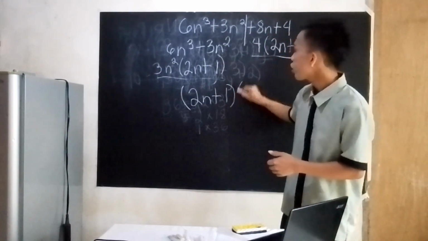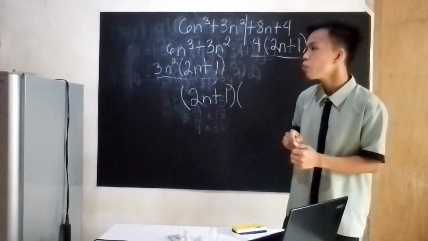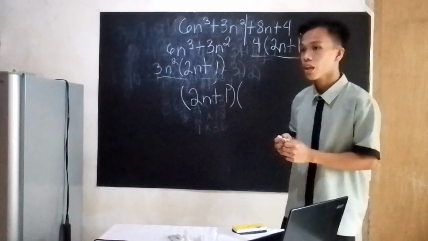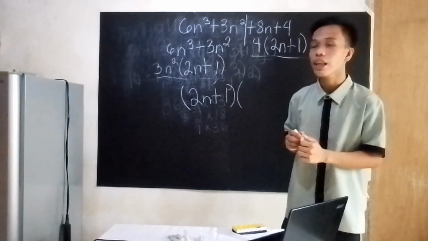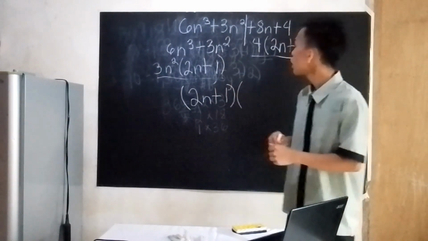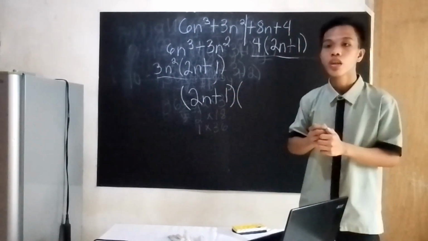Then, on combining 4 and 3n squared, or combining the multiplicands, we are just going to sum them, or add them. Mark, what is our expression for 3n squared and 4?